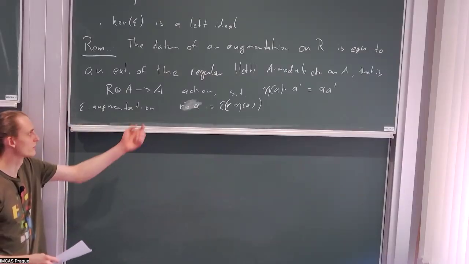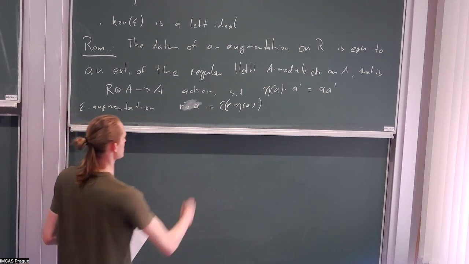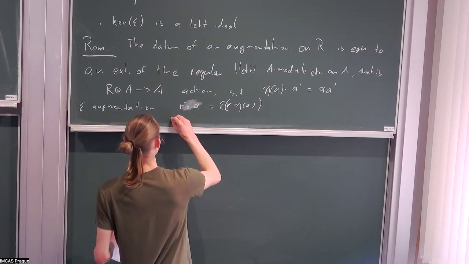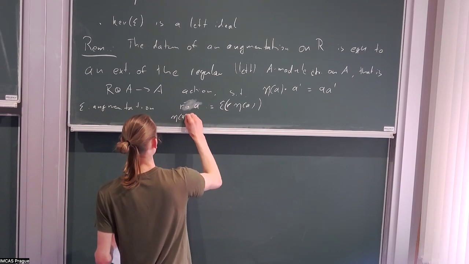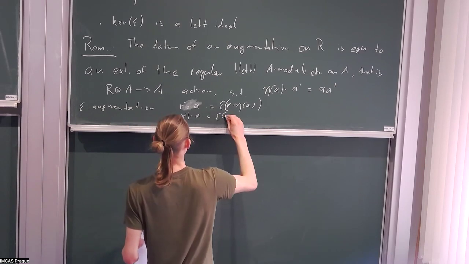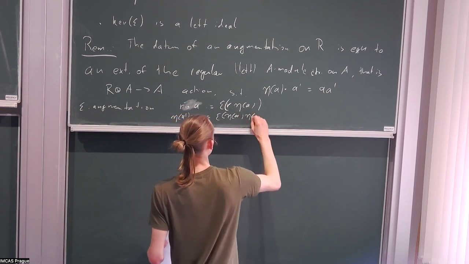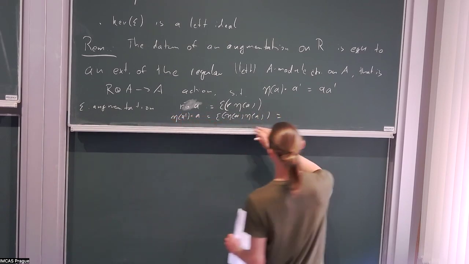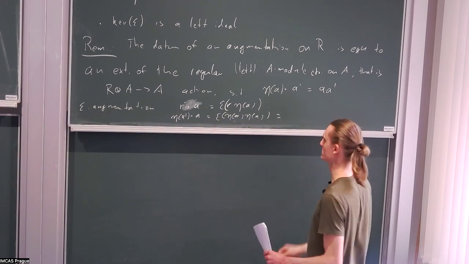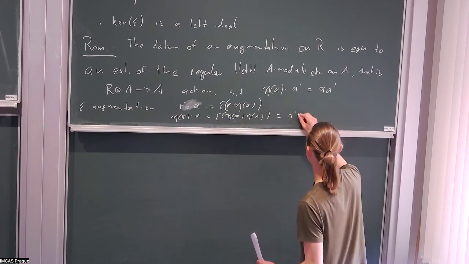You can check that this really gives you an action on A. In particular, if I act with eta of a prime on a, this is epsilon of eta a prime, eta a. This is because eta is an algebra morphism, same as epsilon of a prime a, which is a prime a.